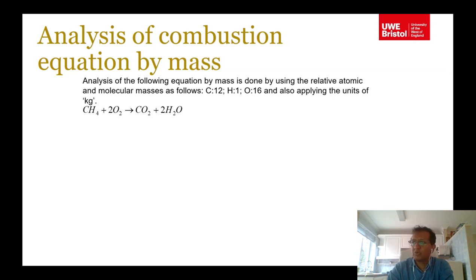So in CH4, if you take 1 kilogram of hydrogen, the equivalent of carbon is 12 kilograms. So the same number of atoms of carbon will have 12 kilograms of weight.